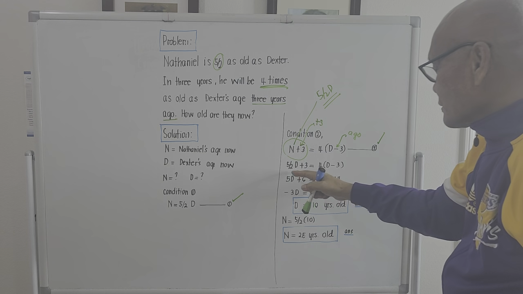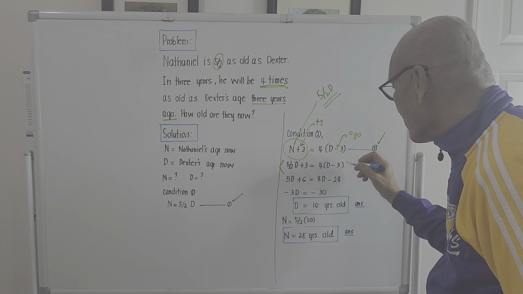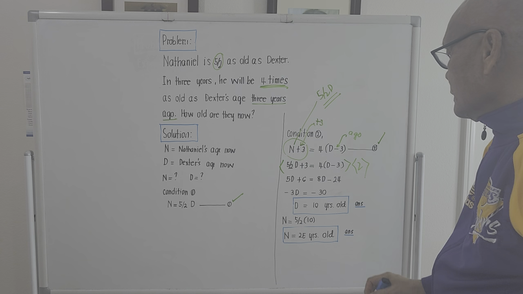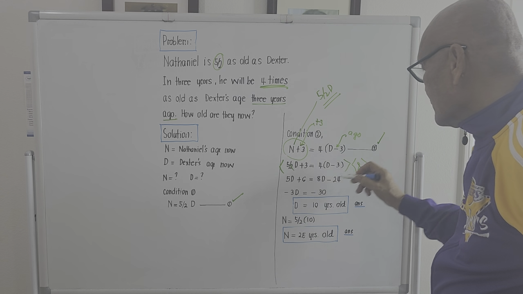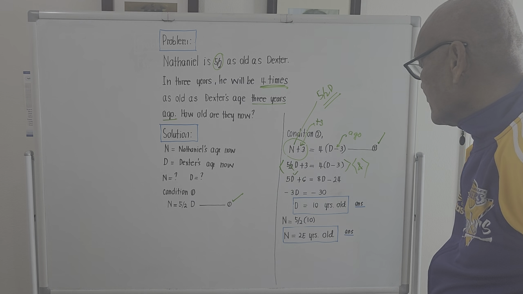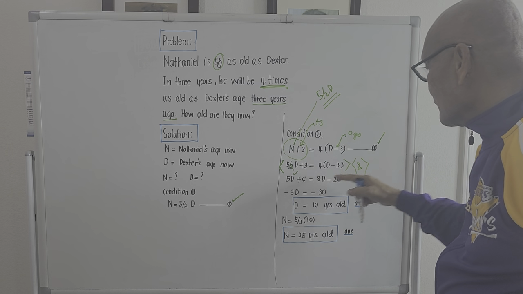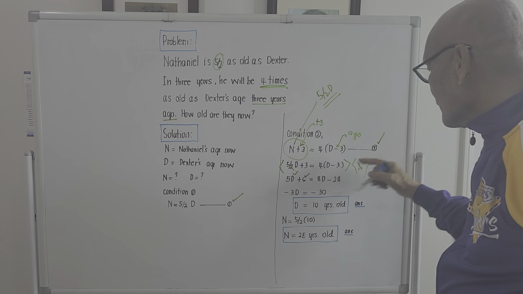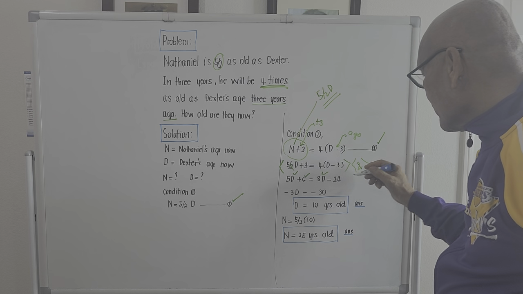There is a 2 at the bottom, right? So we multiply all the terms by 2. The first term cancels, giving 5D. 3 times 2 is 6. 4D times 2 is 8D, and negative 12 times 2 is negative 24.